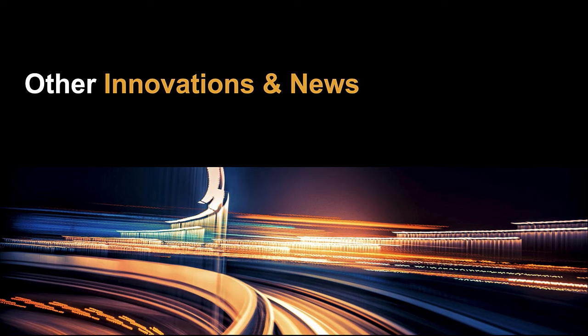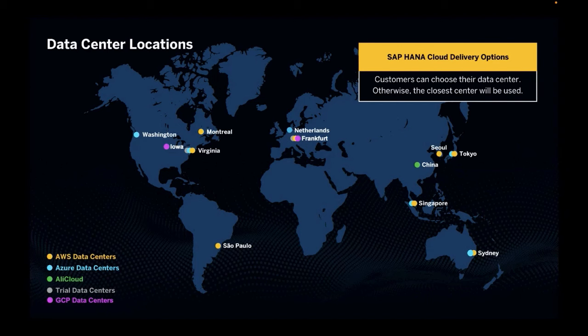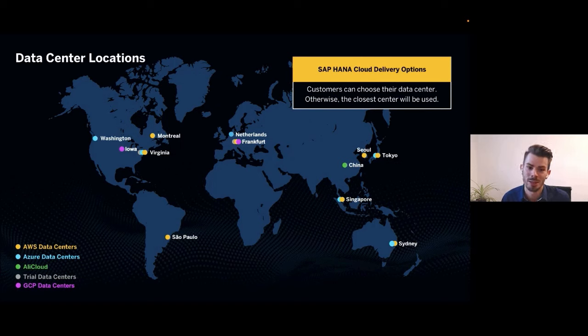So let's take a quick look, first of all, at our data center locations that we're supporting with SAP HANA Cloud. And as you can see here on the picture, we meanwhile have a fairly diverse data center landscape that is available across the entire globe. In the last What's New webinar for SAP HANA Cloud, we also announced that HANA Cloud is now available on Google Cloud Platform as well.